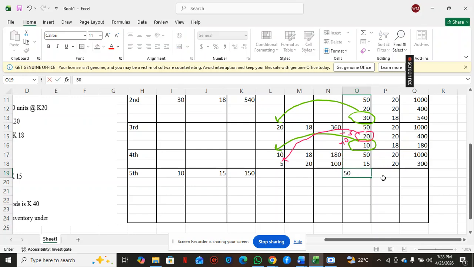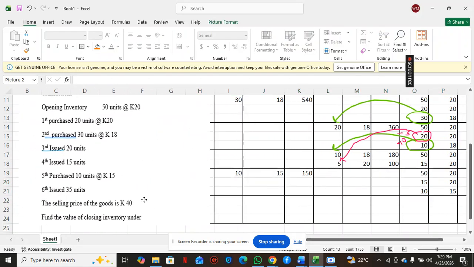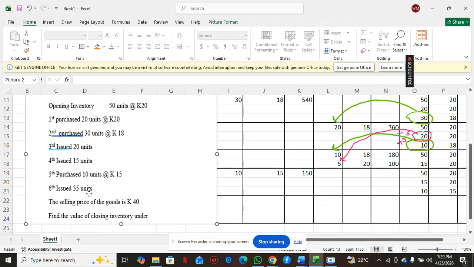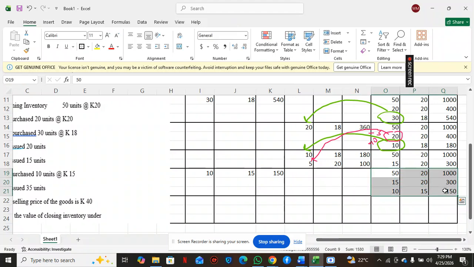So we have our 50 spare parts valued at 20 kwacha, then the other 15 valued at 20 kwacha, then now we brought in another 10 valued at 15 kwacha, for this transaction on the 5th. So just remember this: every time there is a purchase, this balance section is growing.